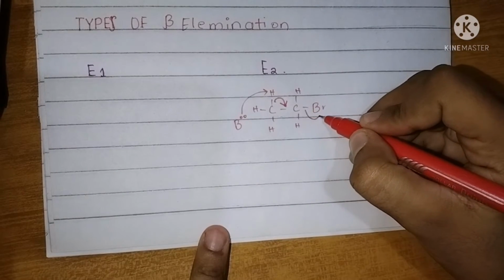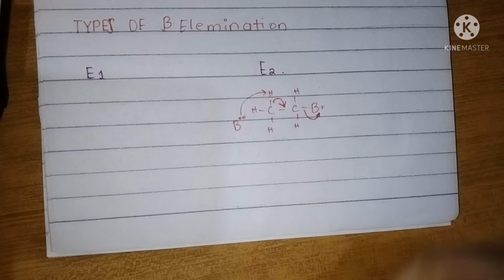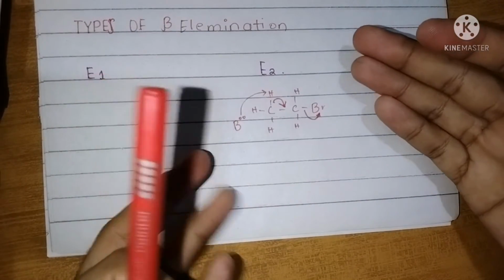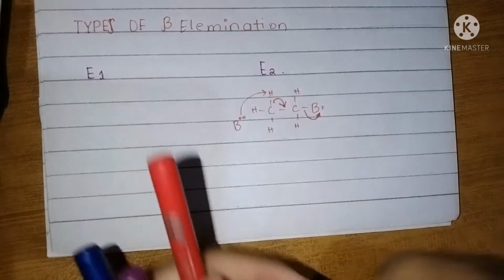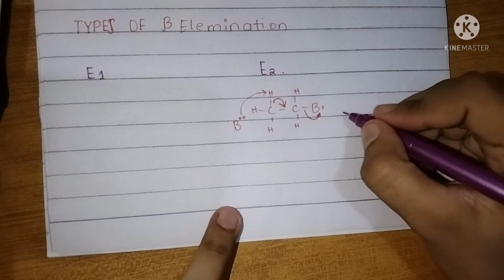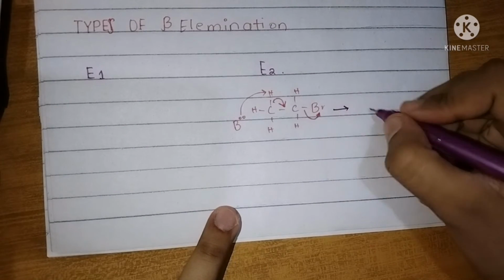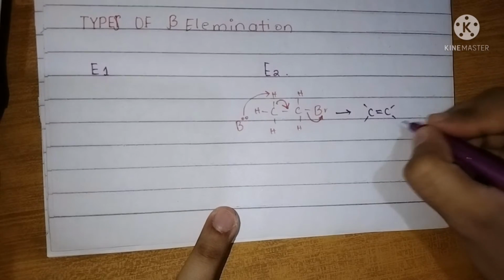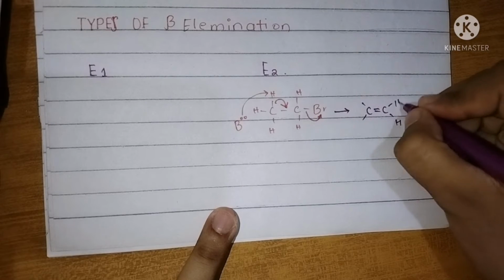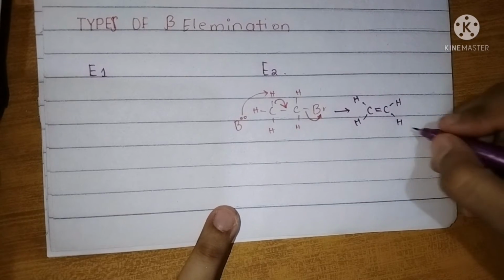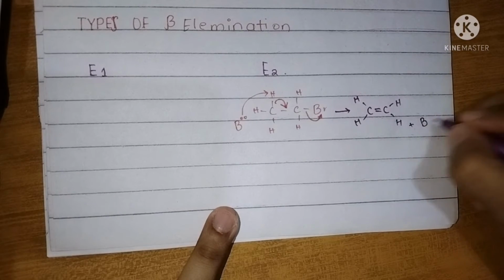So this bromine would leave its place, and all this is going to happen at the same time in a single step. So this will give us the product ethene. Along with that, we will get BH.